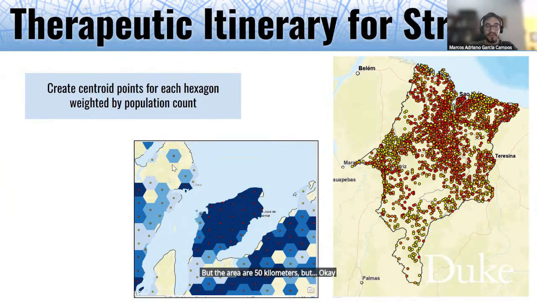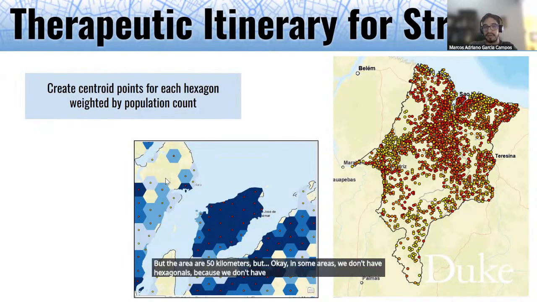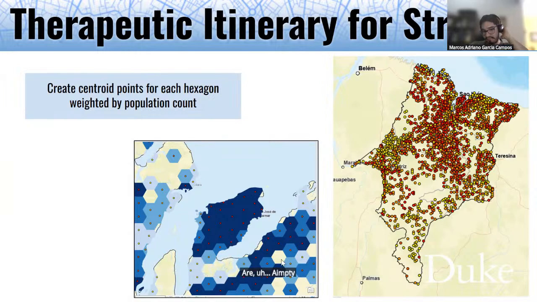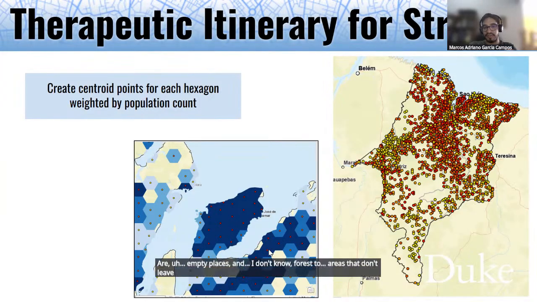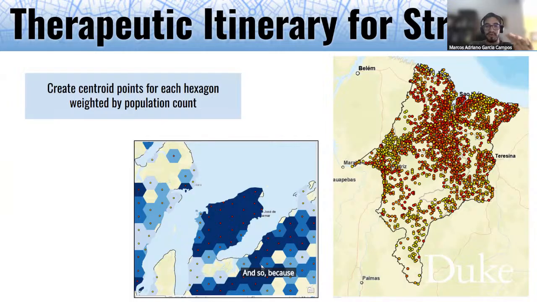In some areas we don't have hexagons because no population lives there. Those are empty places, forest, and areas where no one lives, so I don't have population or demand.